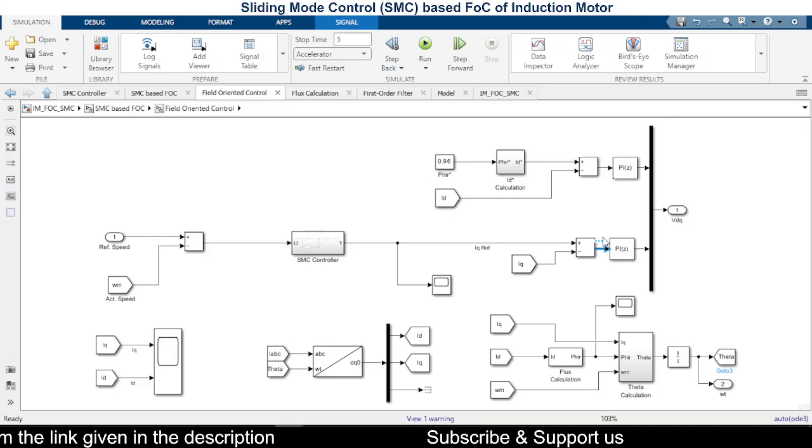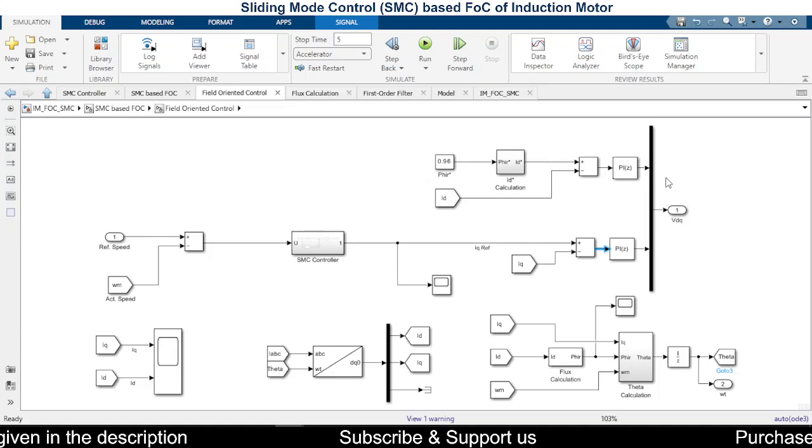Based on the error between the reference value and actual values of ID and IQ, we will be generating the direct axis and quadrature axis voltages. These two voltages will be going to the next stage. Here we need to calculate theta first. For all the manipulations and calculations, we need to calculate the value of theta.